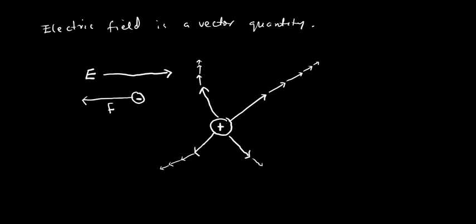So this is for a positive charge. You see that the electric field moves away in all directions from the positive charge. Okay, let's look at a negative charge. Let's assume we place this negative charge here at this point.